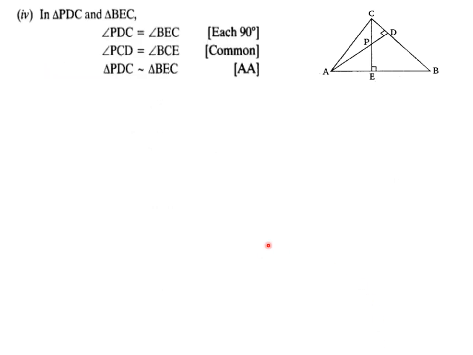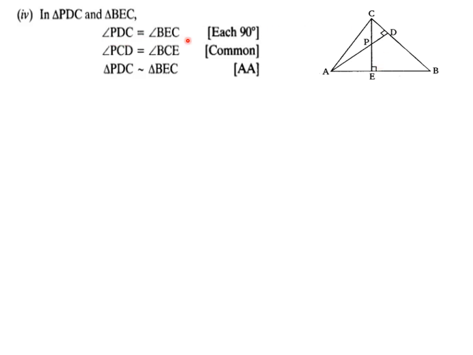The last part is including triangle PDC and BEC. So PDC is this small triangle and BEC is this big triangle. So in PDC and BEC we can see that angle C is common to both the triangles, and again angle D is 90 degrees here and angle E is 90 degrees.